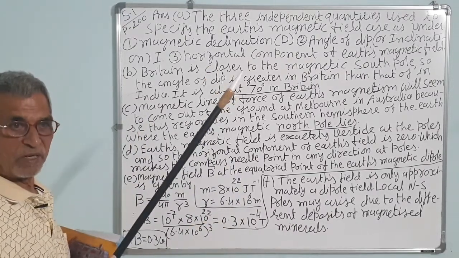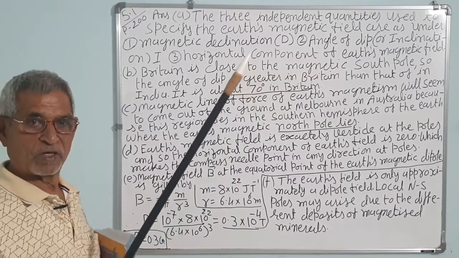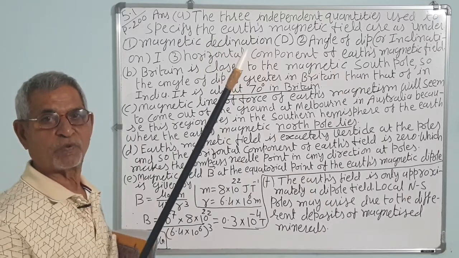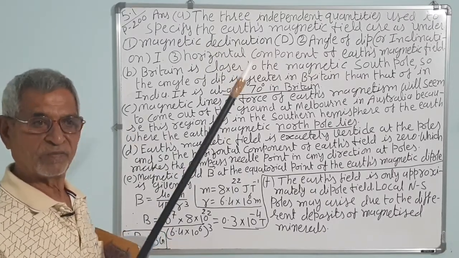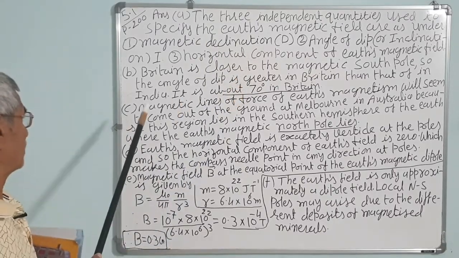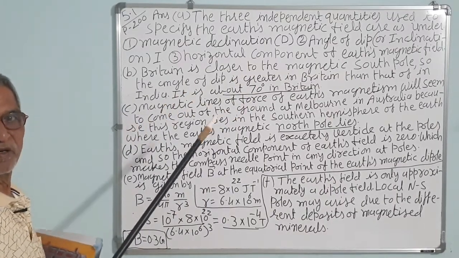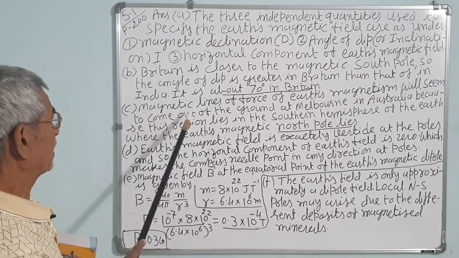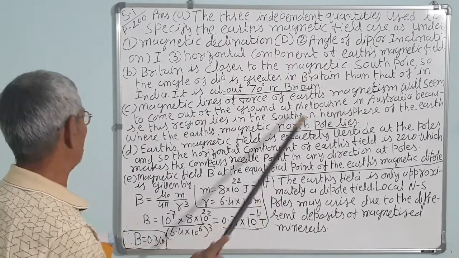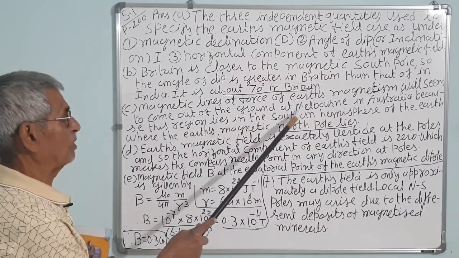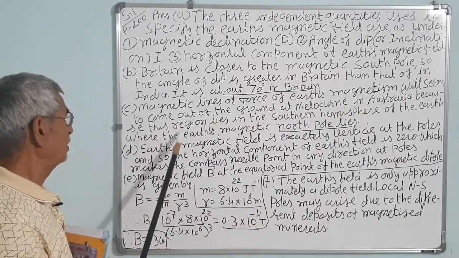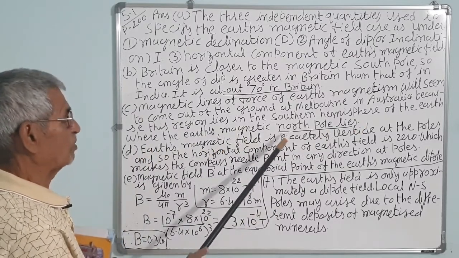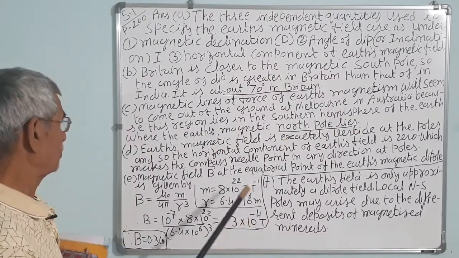The north pole of earth magnetism is situated near the south geographical pole, and the south pole of earth magnetism near the north geographical pole. Not exactly, there is a separation of about 2000 kilometers. The magnetic lines of force will seem to come out of the ground at Melbourne because this region lies in the southern hemisphere, where the earth's magnetic north pole lies, correct? So, they come out from that.